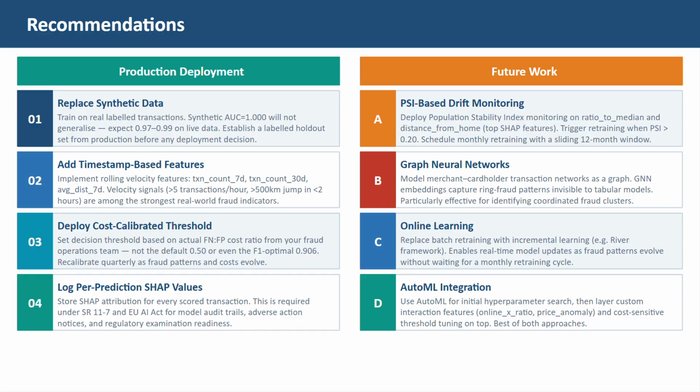And we can ensemble real-time model updates as fraud patterns evolve without waiting for a monthly retraining cycle. Finally, we can use auto machine learning for initial hyperparameter search, then layer custom interaction features and cost-sensitive threshold tuning on top. The best of both approaches works.